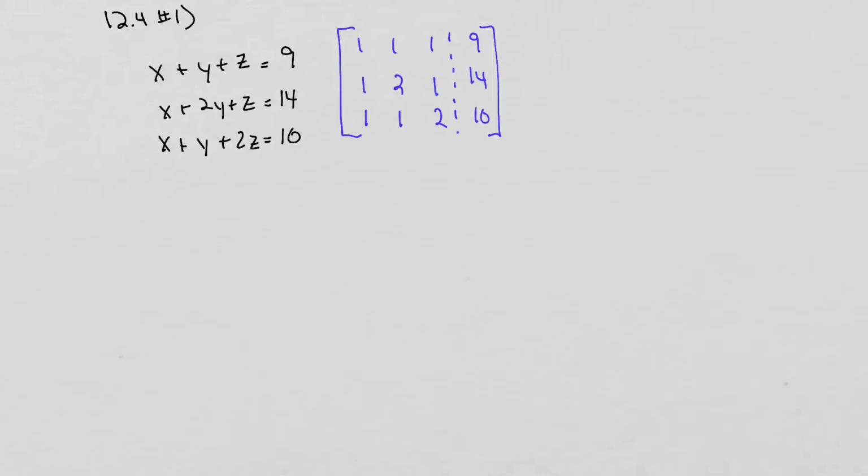Some people really like this method and use it ever after once they learn it. Except for the one problem on your test, it's up to you how often you want to use the matrices method.